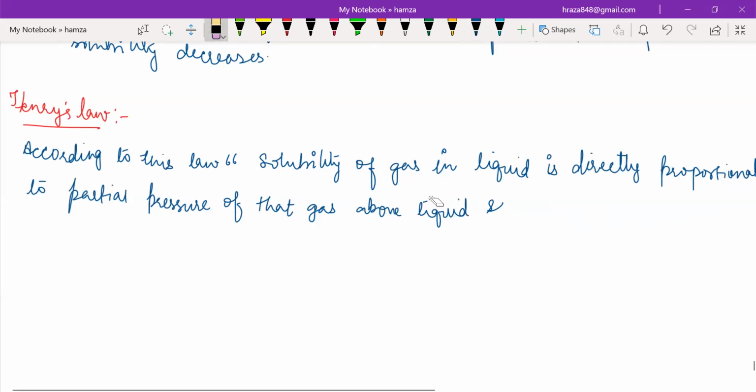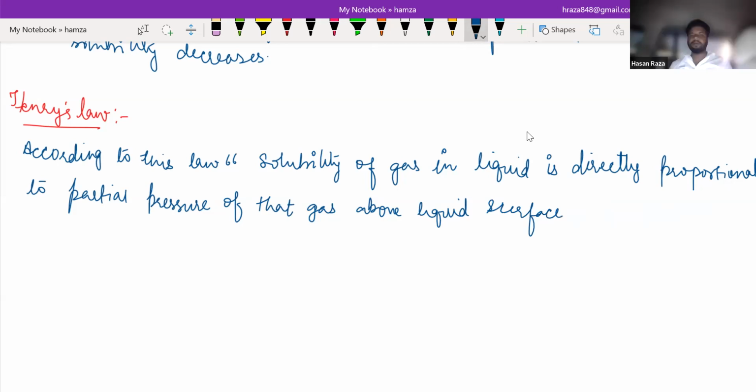It is very easy to understand with the help of day-to-day life, like a cold drink. Now you have all had a cold drink. See, this is the bottle of cold drink, which is liquid. When you open it, there is a feeling of gas.